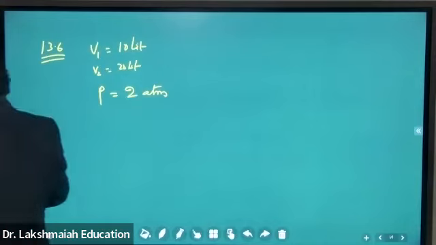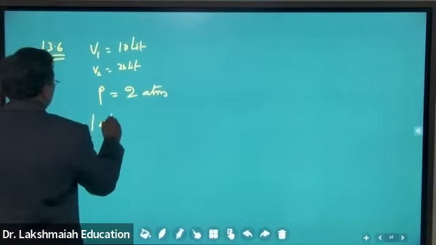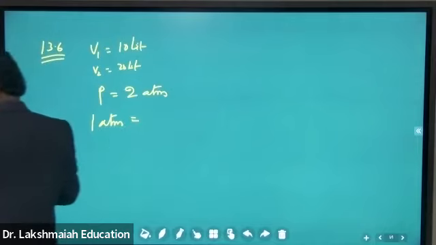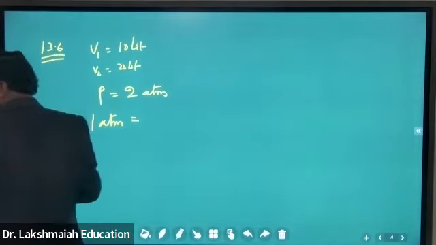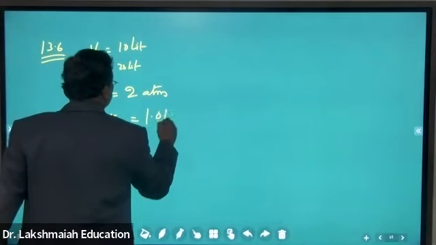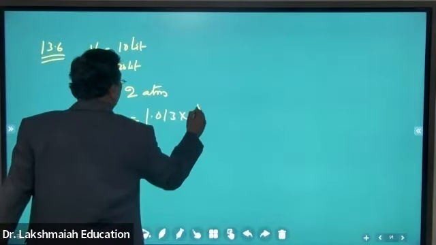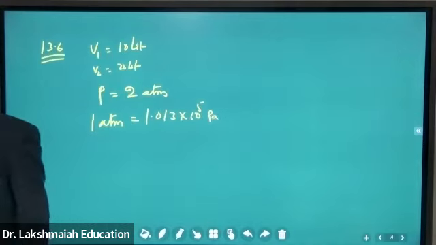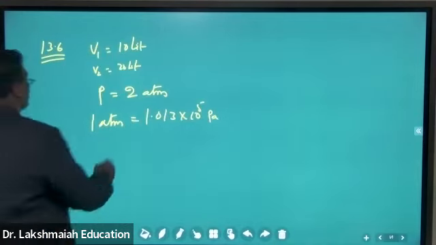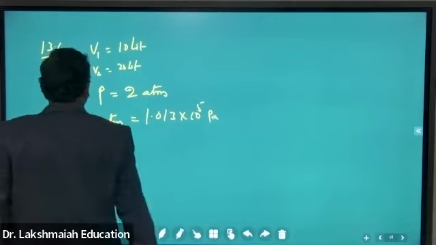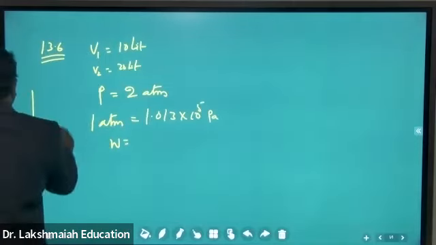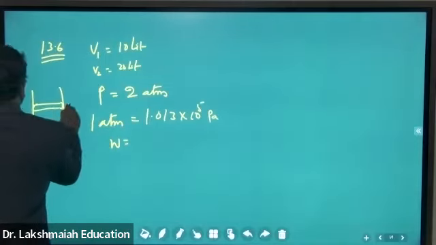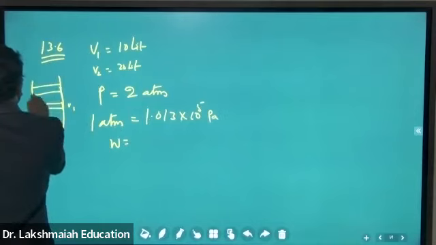And they have given 1 atmosphere is equal to 1.013 into 10 to the power of 5 Pascal. What they are asking? Work done. So the piston is moving from V1 to V2.